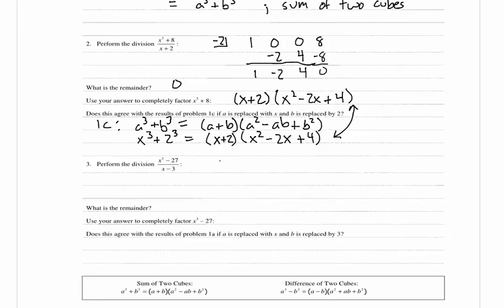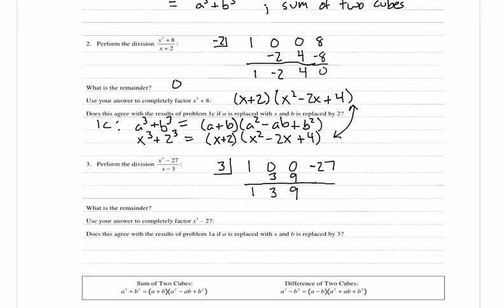So we're going to set up our synthetic division again. We have 3, and then the coefficients of the numerator, 1, 0, 0, negative 27. And we carry down our 1. 3 times 1 is 3. 0 plus 3 is 3. 3 times 3 is 9. 0 plus 9 is 9.